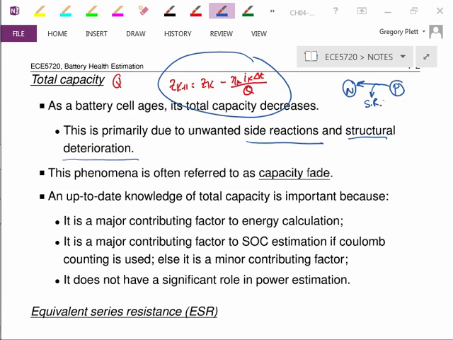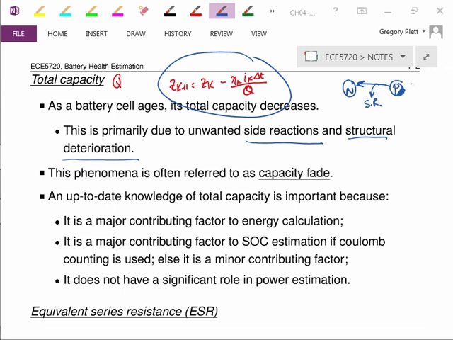The other reason we lose total capacity is structural deterioration. The electrode material might fragment and break off and no longer be connected, or it may chemically deconstruct. There may be some other kind of reaction where the material of the electrode dissolves.